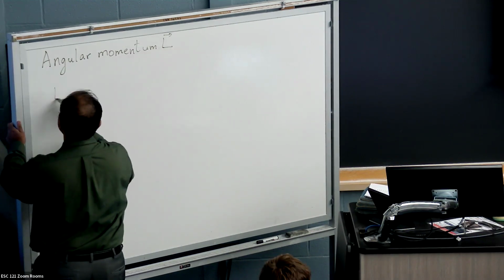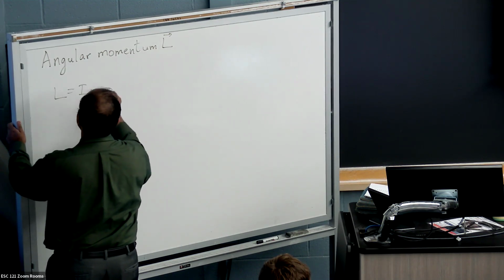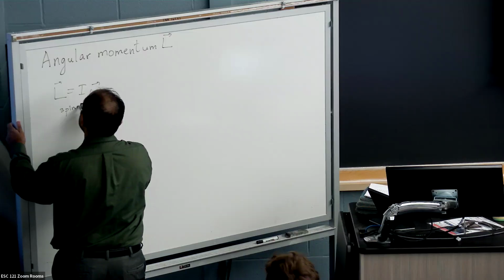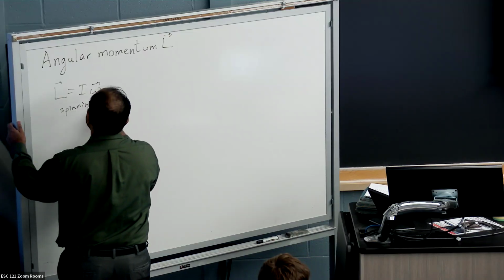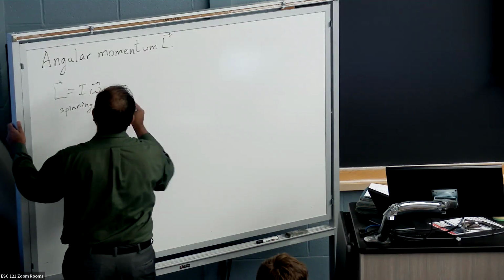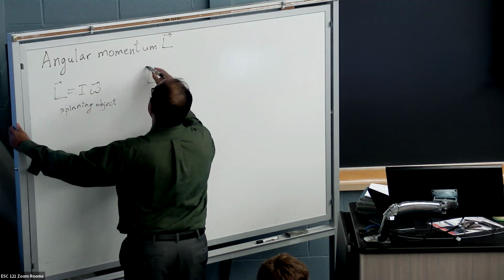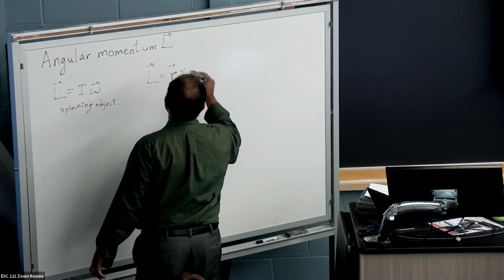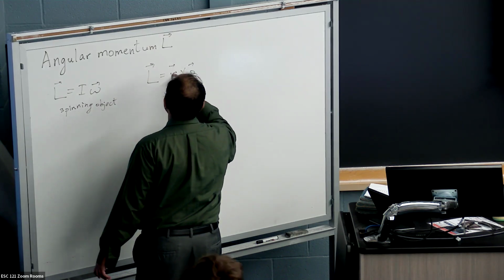And we said if you're dealing with a spinning object, it's better to use L equals I omega. If you're dealing with a point mass moving, then it's better to use r cross p.